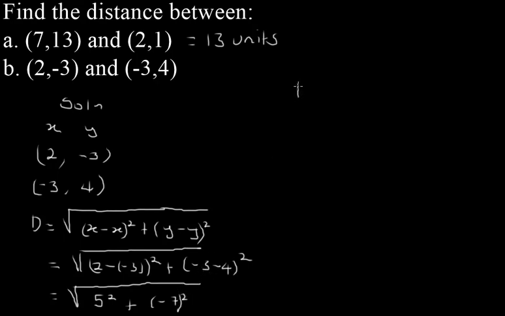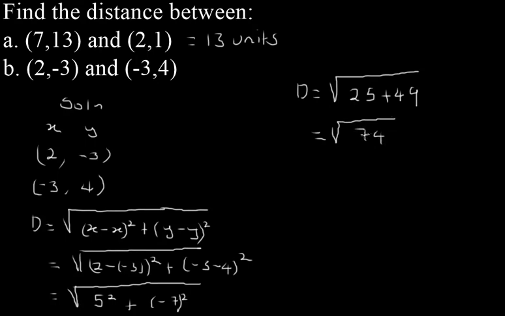And we would have d equals root of 5 squared gives us 25, whilst 7 squared gives us 49. And 25 plus 49 gives us root of 74.